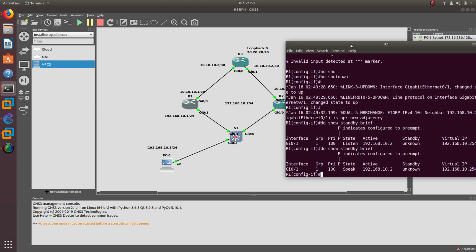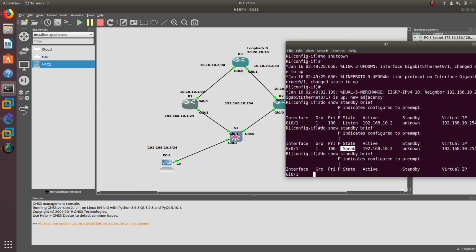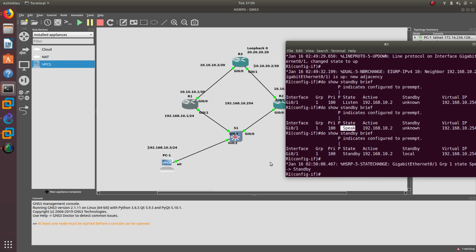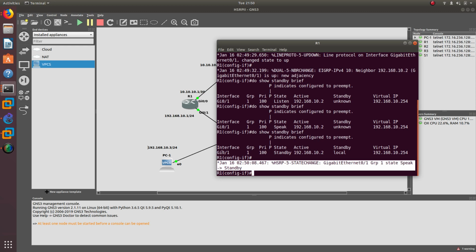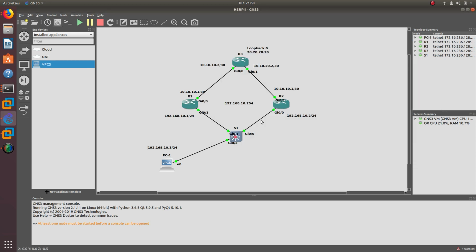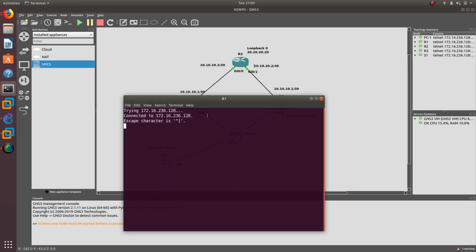Let's do show standby brief. Still the state, as you can see, is speaking. Do show standby, and as you can see, we have a message right here that router 1 became the standby router.